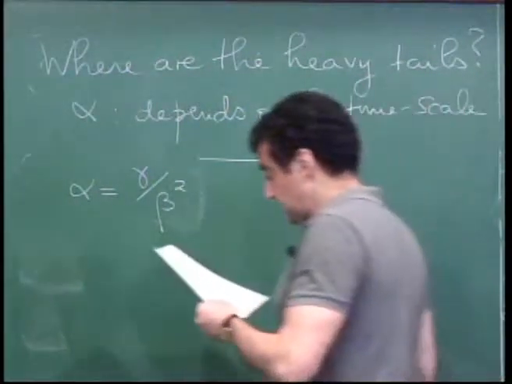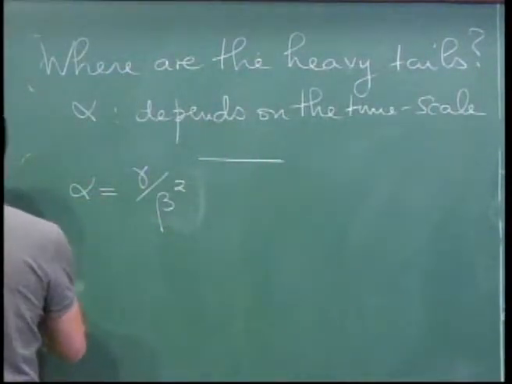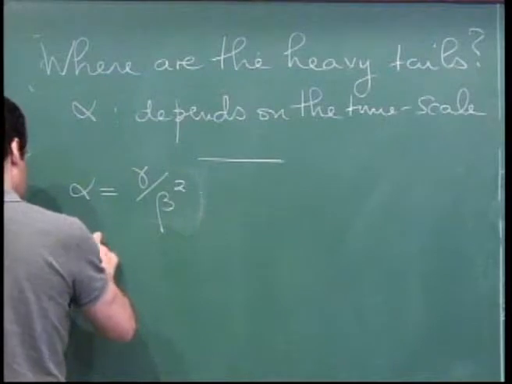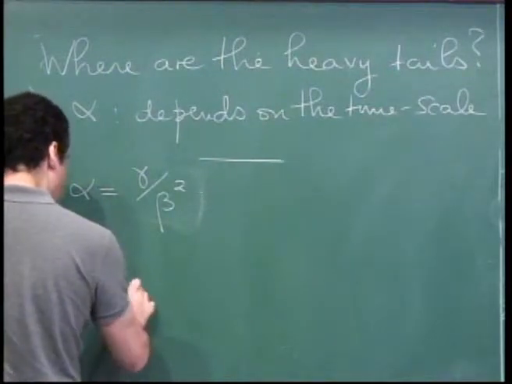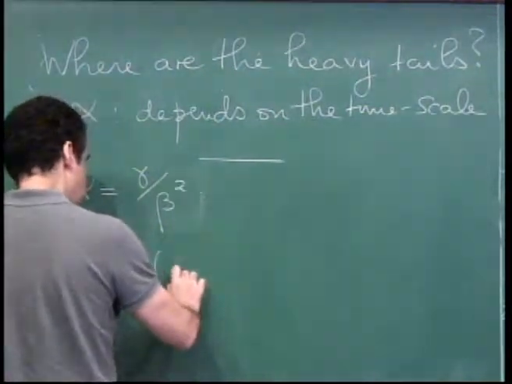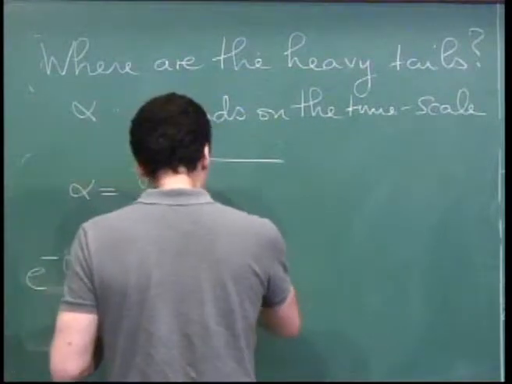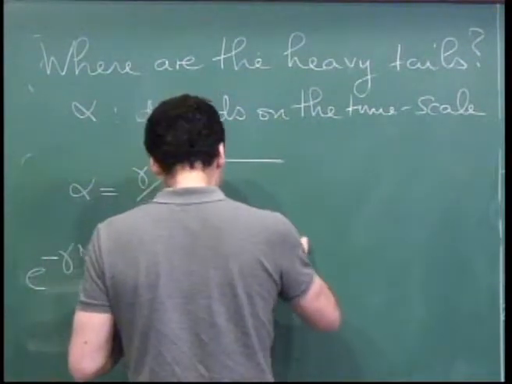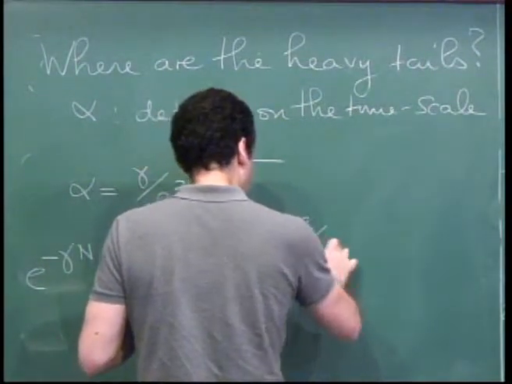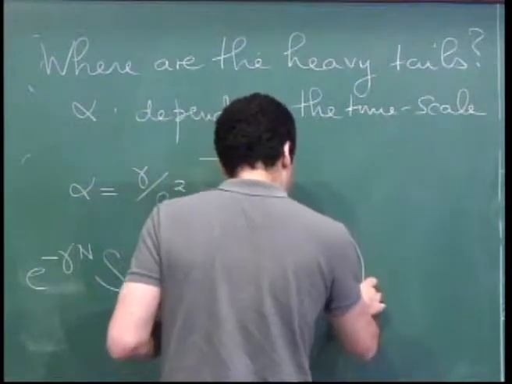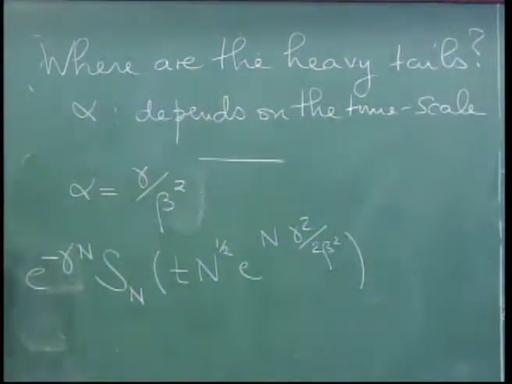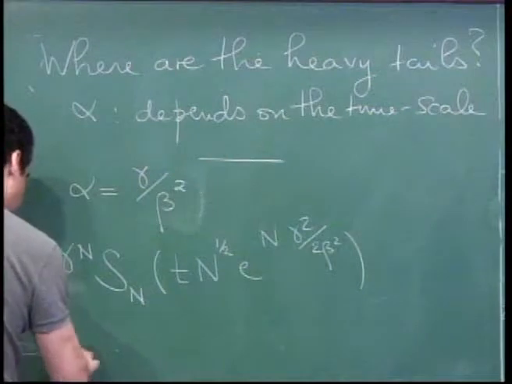The normalization is this now. I look at exponential minus gamma n, my clock process at time t, n to the 1/2, exponential n gamma square over 2 beta square. That's the right normalization. This converges in distribution.